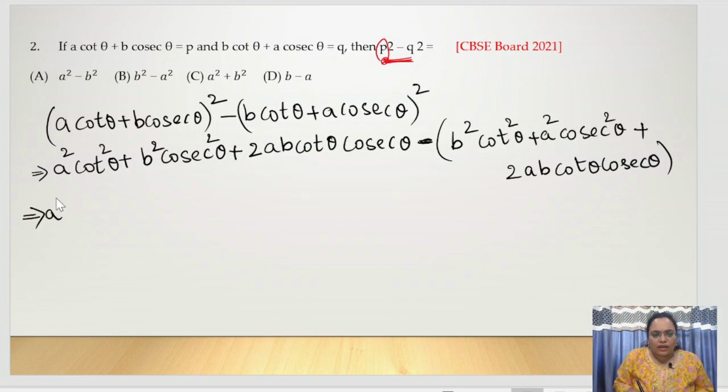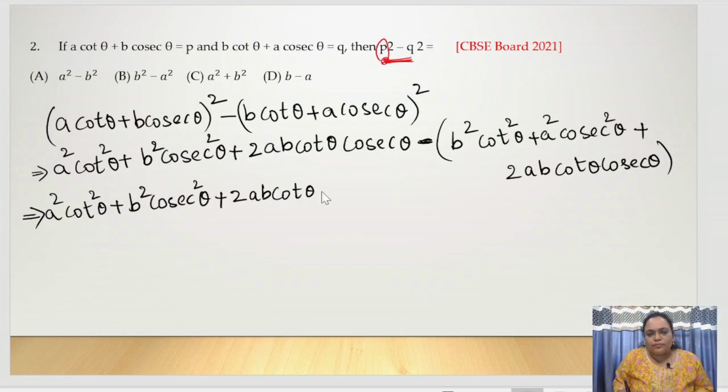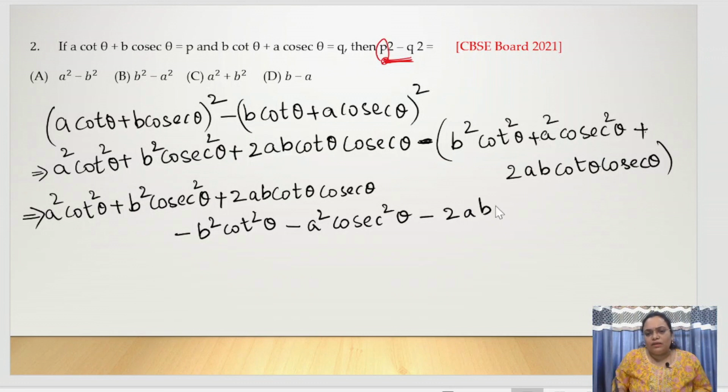Now let us remove the brackets. This will be A square cot square theta plus B square cosecant square theta plus 2AB cot theta cosecant theta minus B square cot square theta, minus A square cosecant square theta, minus 2AB cot theta cosecant theta.